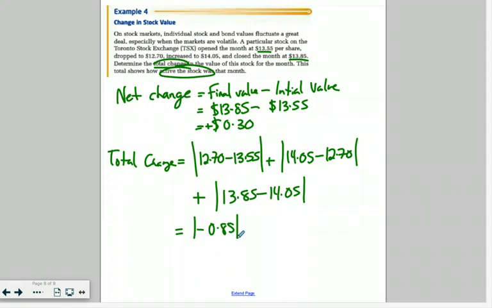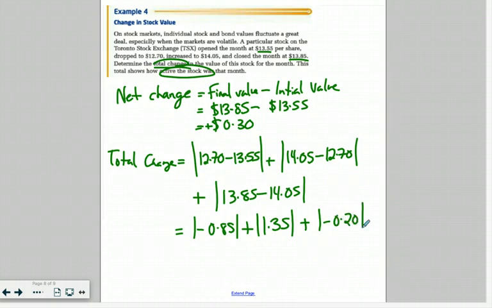In the next one, it was $14.05 minus $12.70, and that gives me $1.35. So it moved $1.35. And then in this final one, we went from $14.05 to $13.85, but that difference there is down 20 cents.